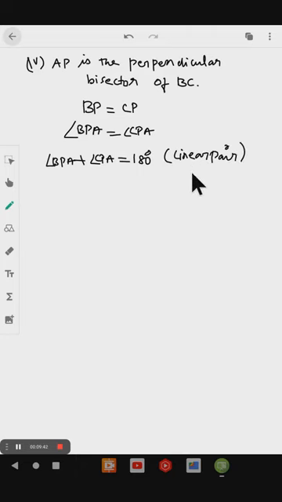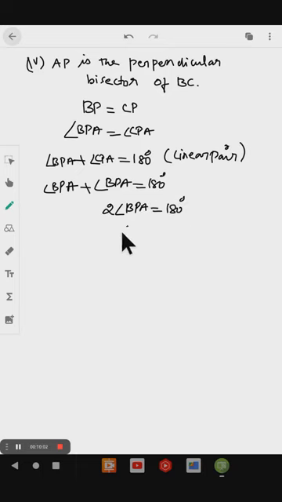Now we know both are equal, so instead of CPA I substitute BPA. So 2 times angle BPA equals 180 degrees, then angle BPA equals 180 divided by 2, that is 90 degrees. When angle BPA is 90 degrees, that means perpendicular.